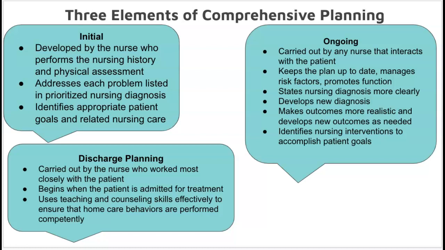Then the ongoing part is carried out by any of the nurses that interacts with the patient. So if the patient that the last nurse was their initial patient, now any nurse who encounters this patient does the ongoing comprehensive planning. So they keep the plan up to date. They manage risk factors, promote function, state nursing diagnoses more clearly, develop new diagnoses as things change, make outcomes more realistic, and develop new outcomes as needed.